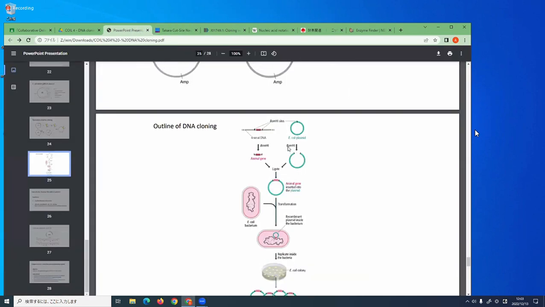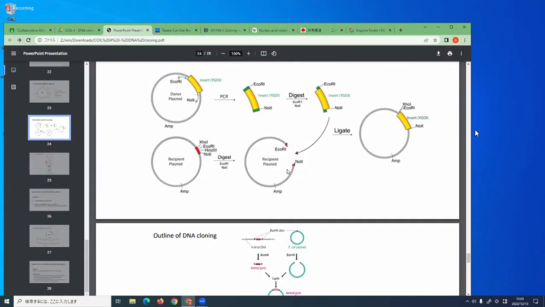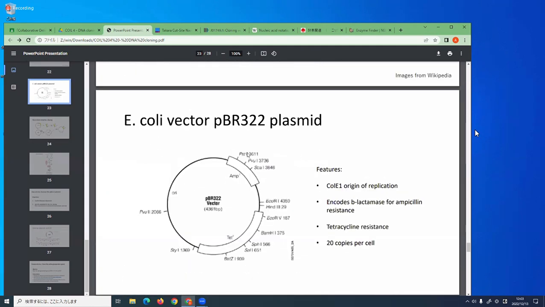Ideally, because we need to select the clone using the ampicillin resistance gene, we don't want any of these restriction enzymes, because this will insert our DNA into the ampicillin resistance gene, and that is not good for us when we want to extract this from E. coli again afterwards.